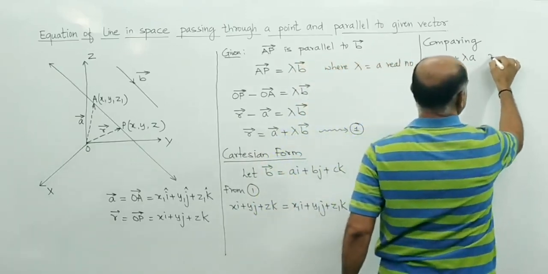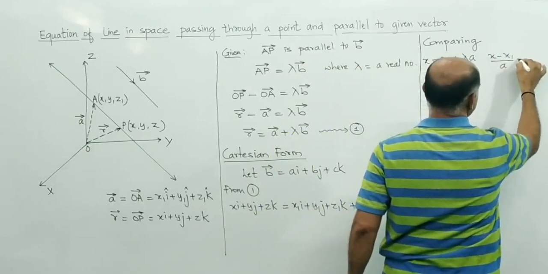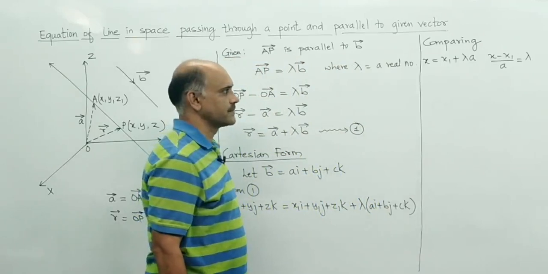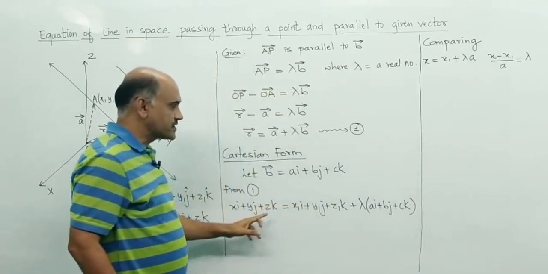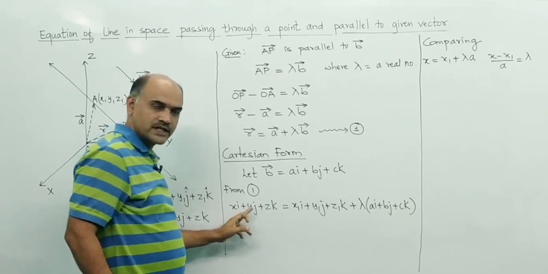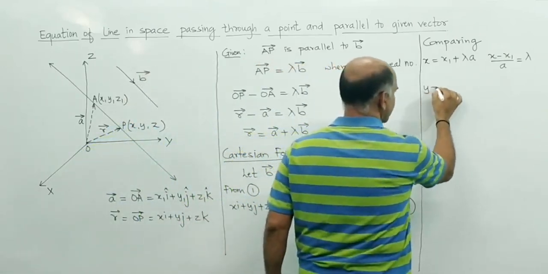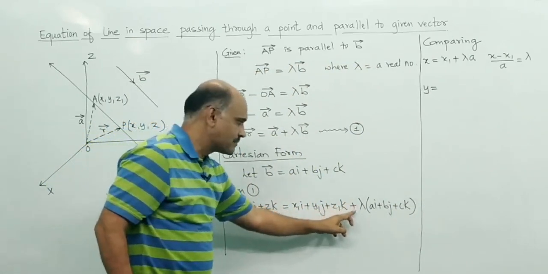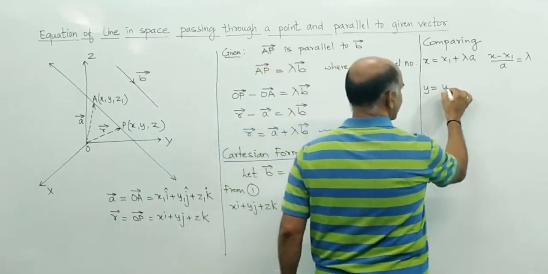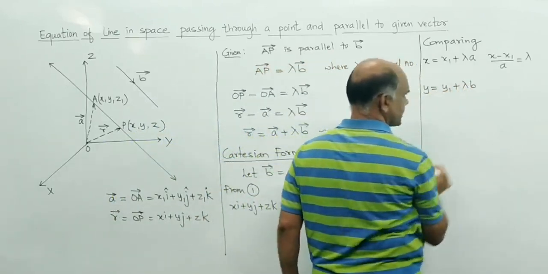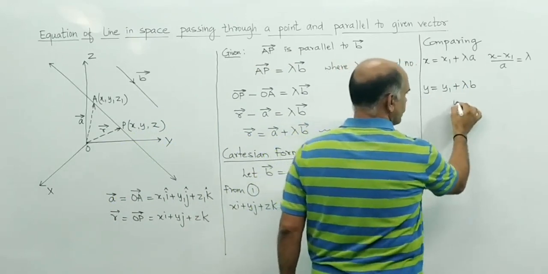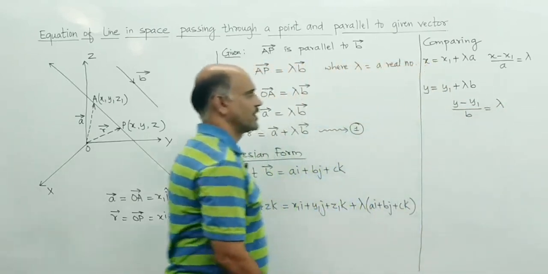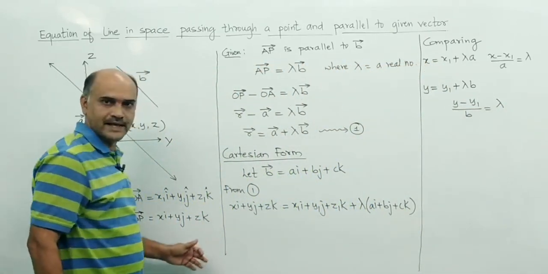So x minus x1 by a is equal to lambda. Similarly, if you compare the coefficient of j, you will have y is equal to y1 plus lambda b. Therefore, y minus y1 by b is equal to lambda.